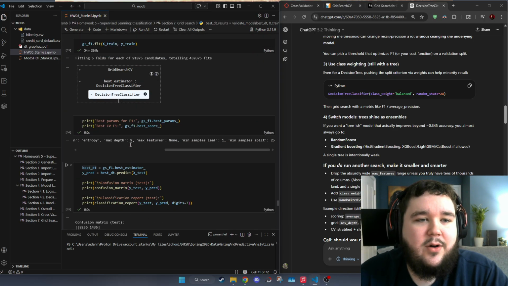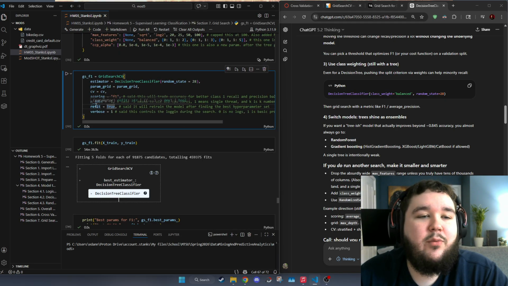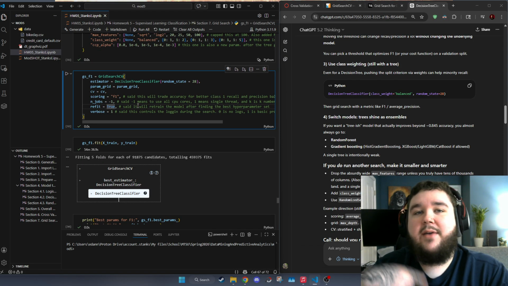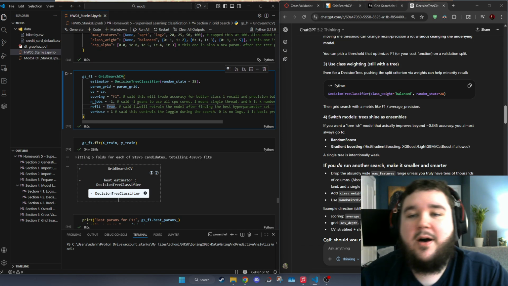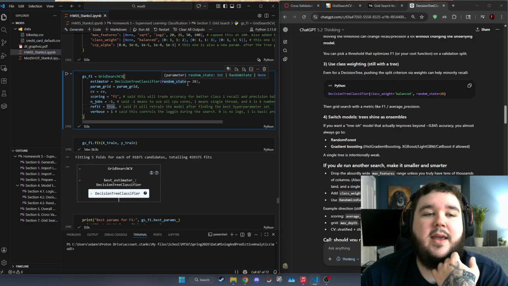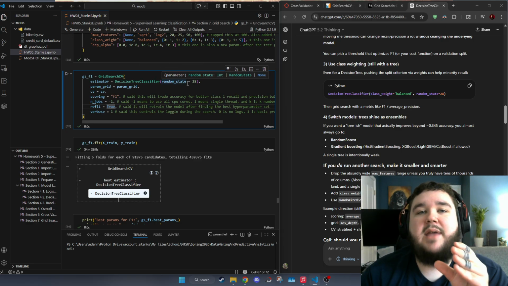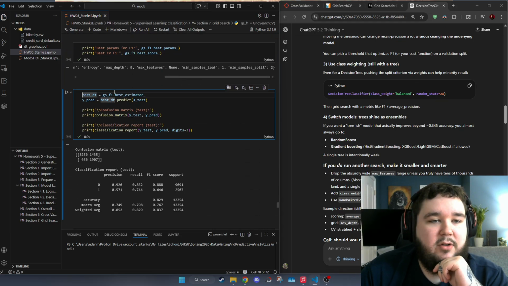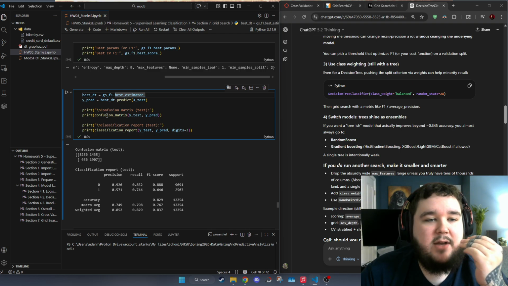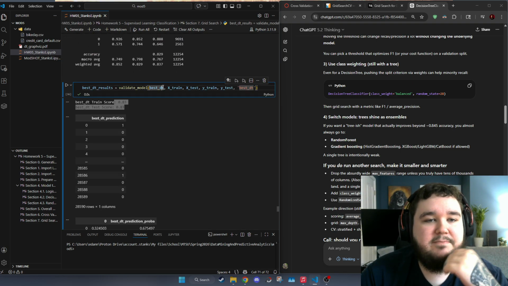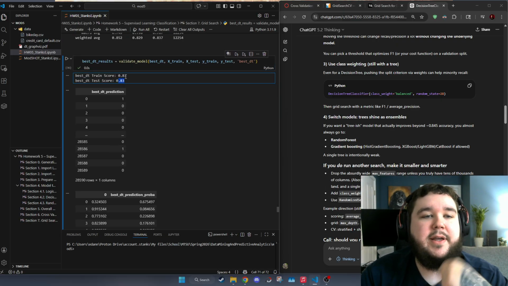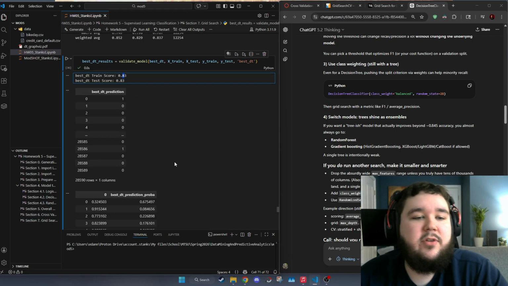One more thing: having refit equals true makes it, after it finds the best parameters, retrain the model and keep that best model for you with those parameters. So using that best model, you can get it like this. I reran my validation and got an accuracy of 83, so just minus 1 for those two.